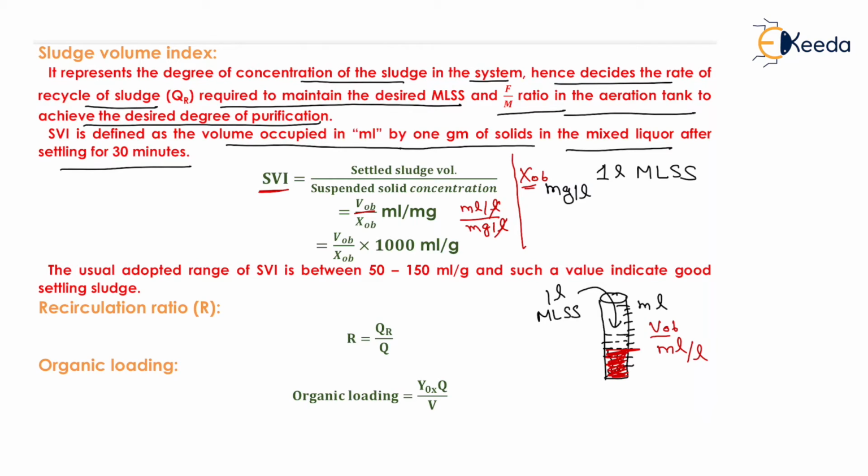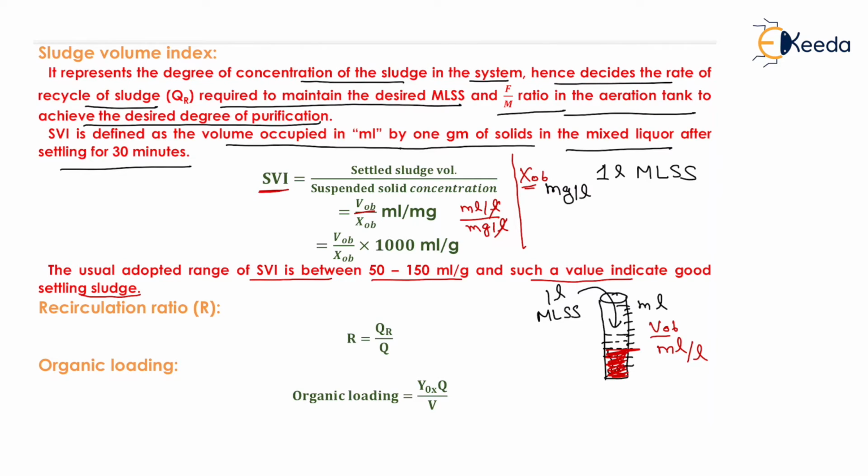Now we want the answer in milliliter per gram, so it will be equal to VOB upon XOB into 1000. We converted the milligram into gram, so we need to multiply by 1000, and the unit will come out as milliliter per gram. Now we generally keep the SVI value in the range of 50 to 150 milliliter per gram, and such a value indicates good settling sludge. That will be the sludge volume index.